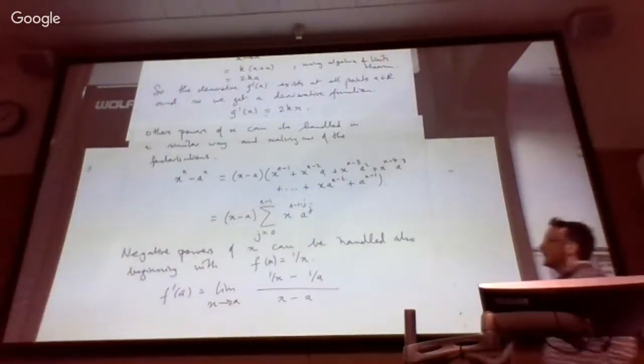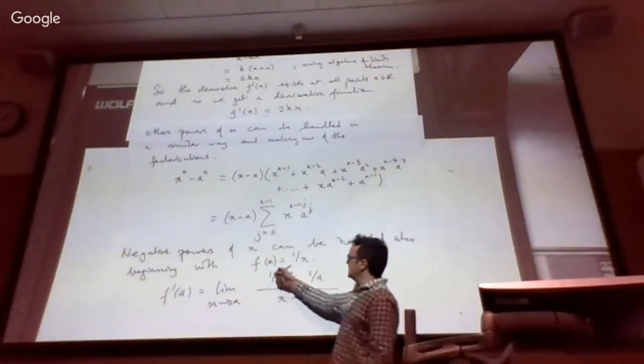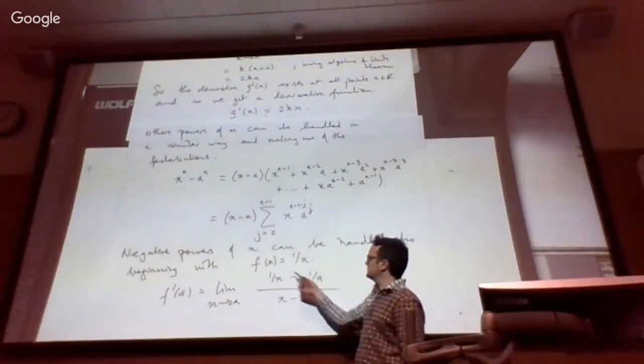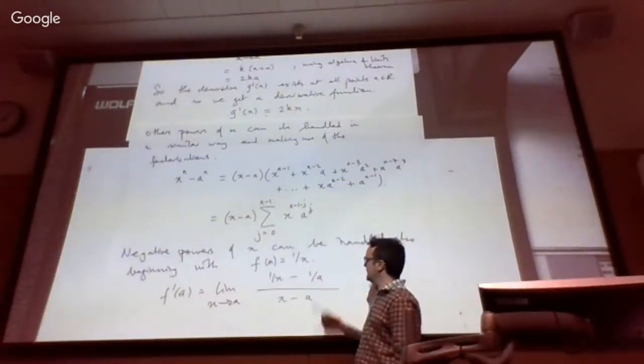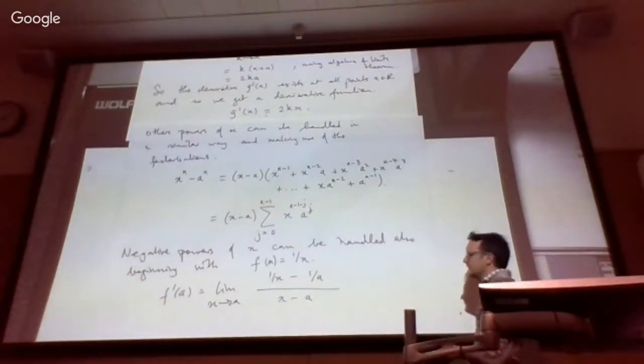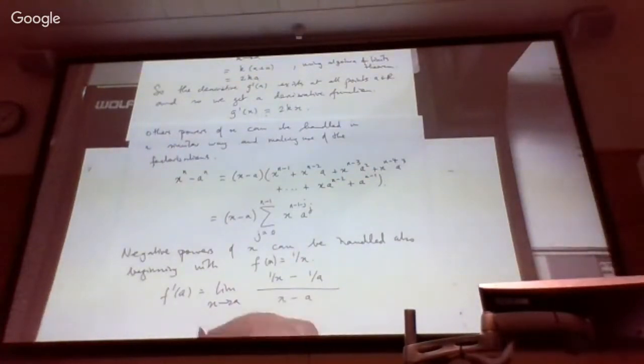That's what applying the definition of the derivative would be: f of x minus f of a, so 1 over x minus 1 over a, relative to the difference x minus a. Now, you've got to treat these fractions correctly.